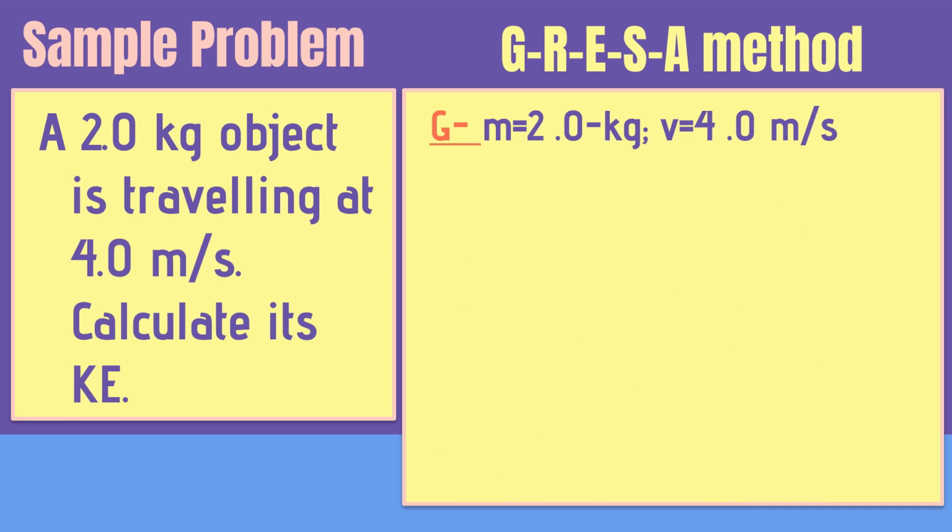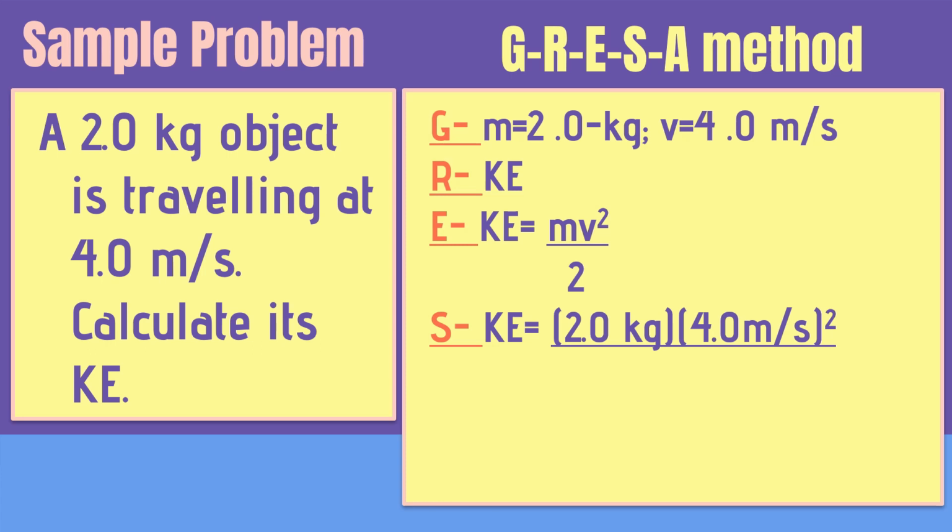We have the mass of 2.0 kilograms and the velocity of 4.0 meters per second. Next is letter R, which is the required. What is the required in the problem? Again, it is the kinetic energy. Next is letter E, which is the equation. What will be the formula for the kinetic energy? We have KE equals mv squared over 2.